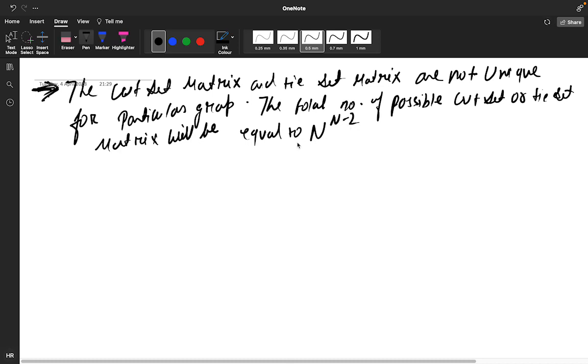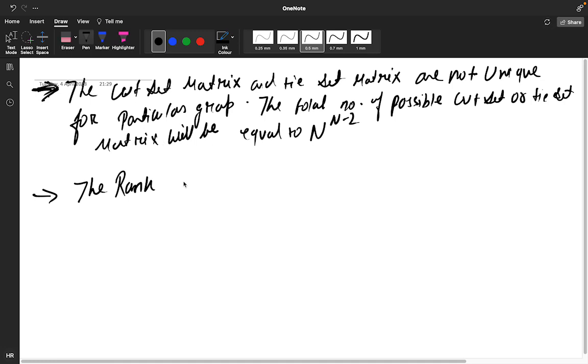N is your number of nodes. And write the rank of a cut set matrix will be equal to, we will see what rank is in maths. For now, just write it down. Rank requires very deep knowledge. What is the meaning of rank? Every matrix will have a rank. We'll see these things in maths.